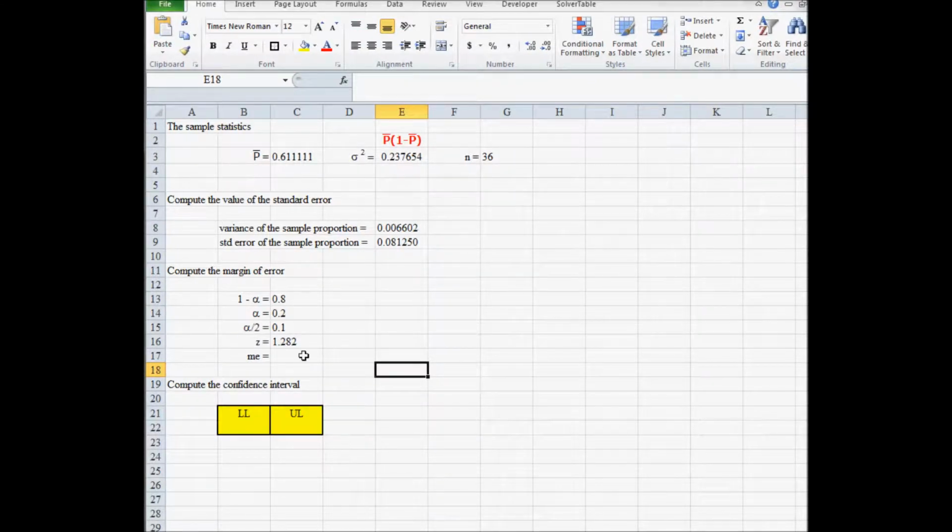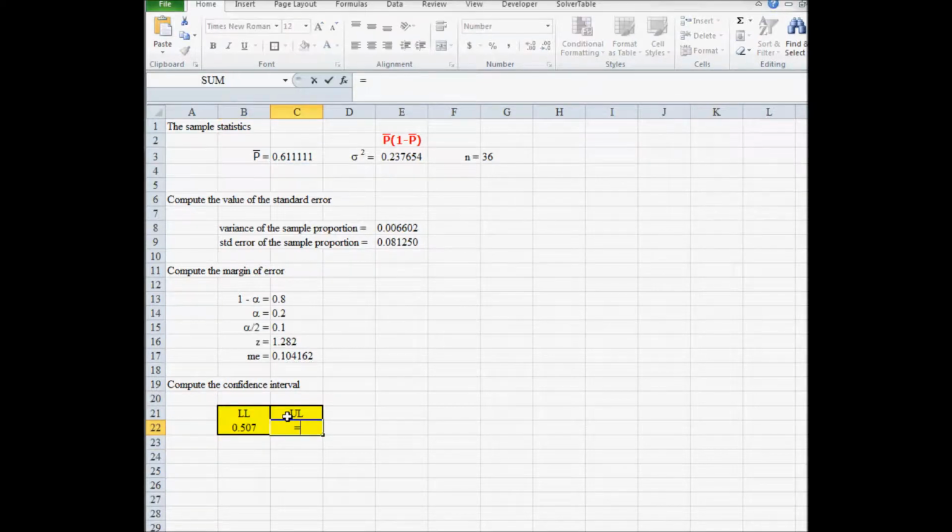With a z-value of 1.282, the margin of error, if you recall, is the z-value times the standard error of the sample proportion. The lower limit of the confidence interval is the sample proportion minus the margin of error.